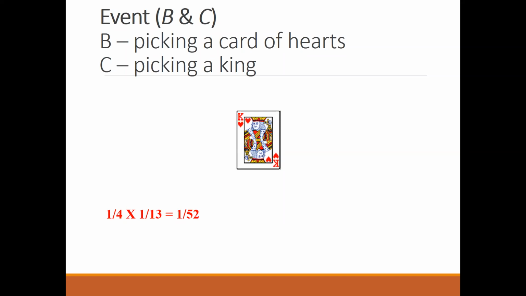If you look at the full pack of cards, immediately you can say there is only one king of hearts, so you can also directly write the answer as 1 by 52. But the problems won't be so easy, they'll give you a complicated one. So in that case, especially when you're using the ampersand or the AND sign, you find the probability for the first event multiplied by the probability for the second event.